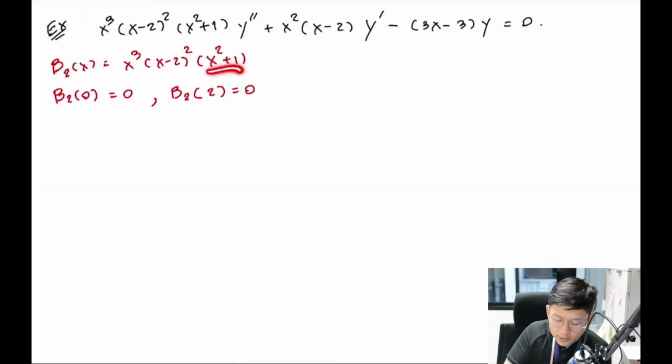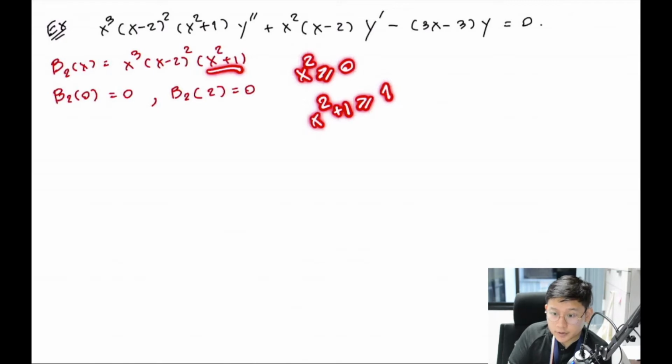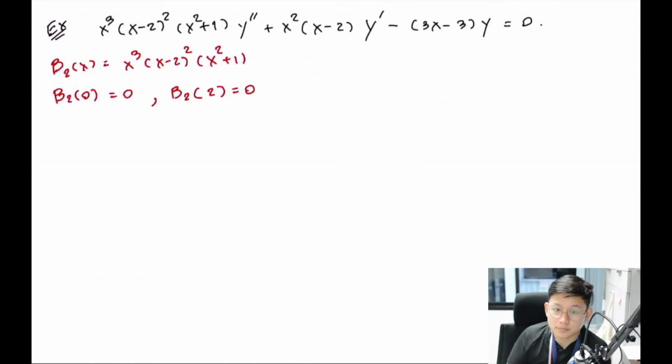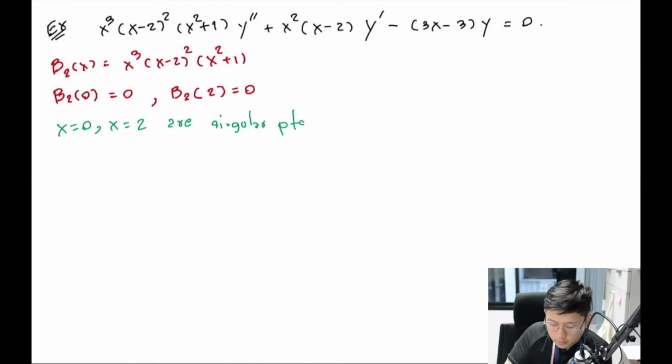For this one, there's no other critical point because x squared is always non-negative, and x squared plus 1 is always bigger than or equal to 1, so it can't be 0. So we can say that x equals 0 and x equals 2 are singular points. The other points are ordinary.